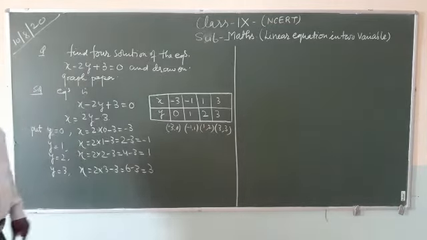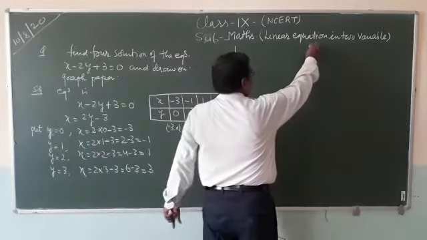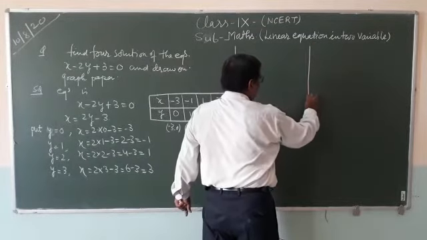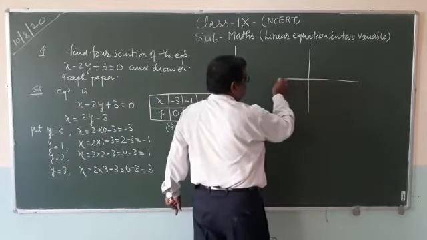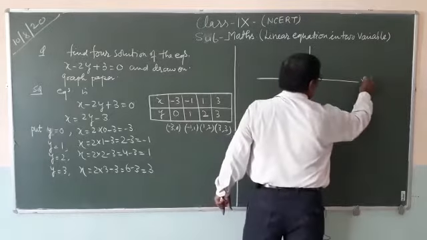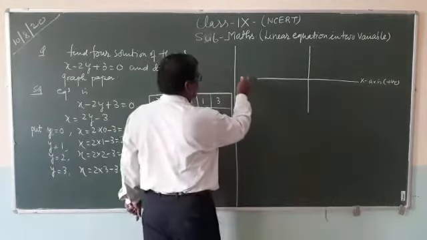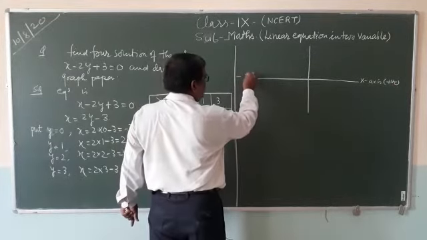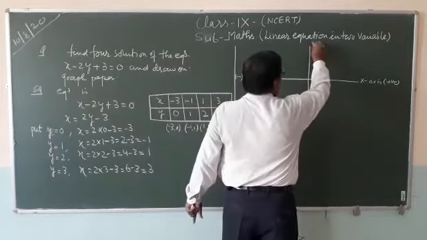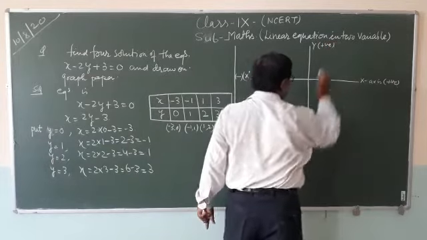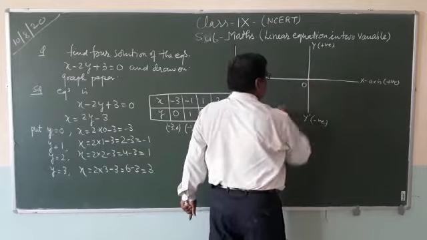Now plot these points on our graph paper. First of all, take your graph and divide it into 4 quadrants: the x axis positive direction, x dash the negative direction, the y axis positive direction, y dash the negative direction, and this is the origin.